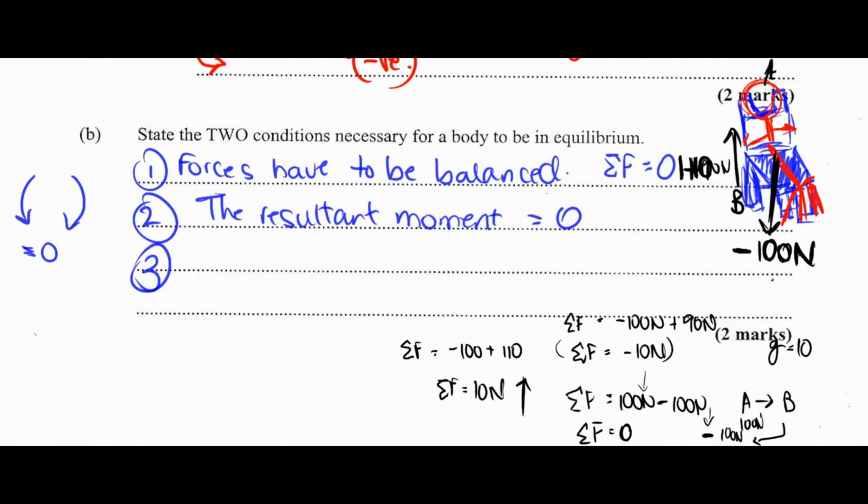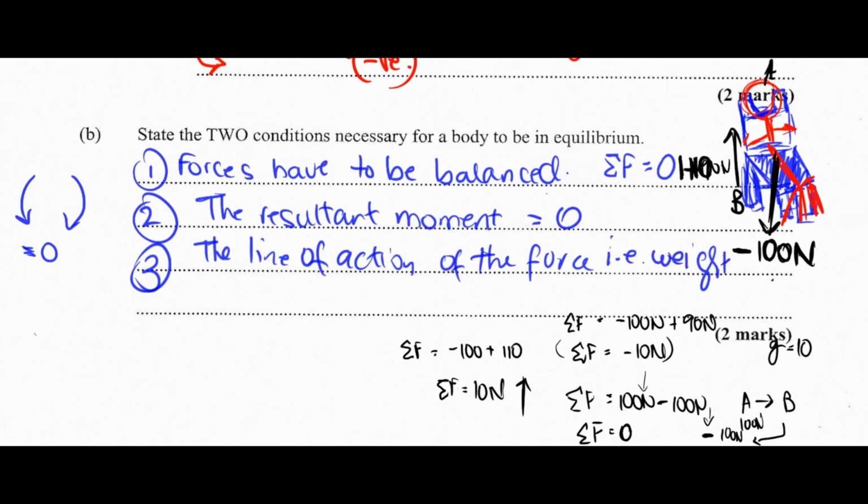Number 3 is the line of action. So the line of action of the force, and that force meaning the weight in this case, has to fall within the base of the object.